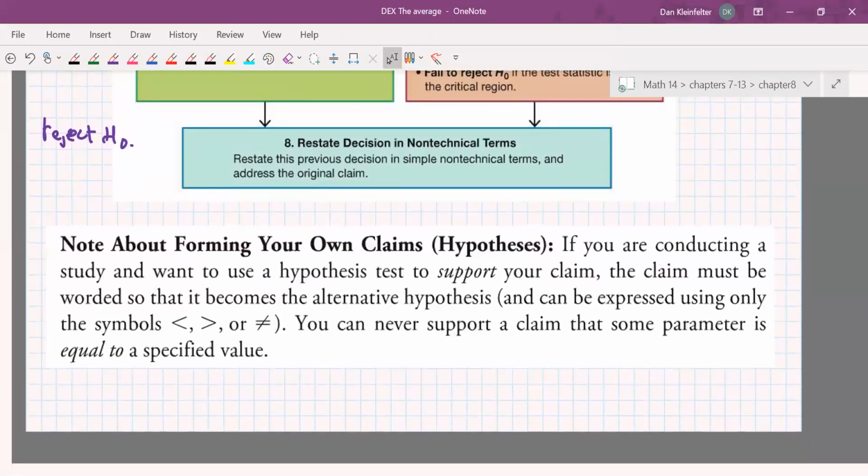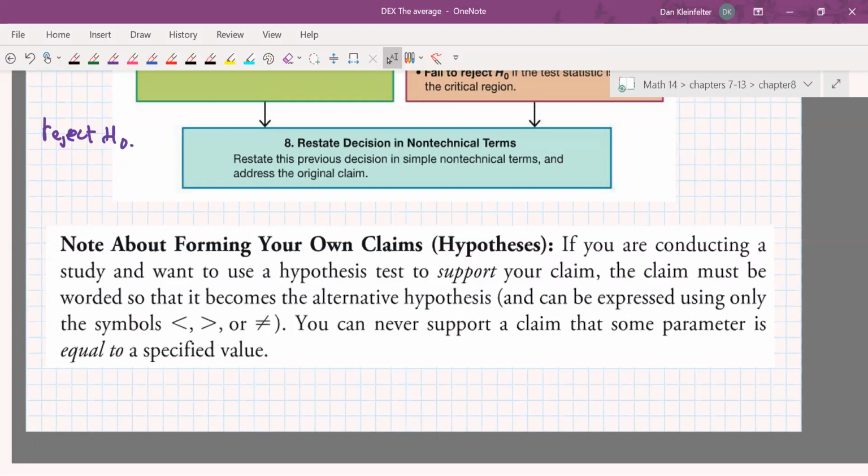Okay, a note about making up your own claims or hypotheses. If you're going to conduct a study or experiment and you're trying to use a hypothesis test to support your claim, you want to rig it so that the claim is worded so that it becomes the alternative hypothesis. Remember that we're assuming H0 is true, and the experimental data may or may not show that H1 is true.